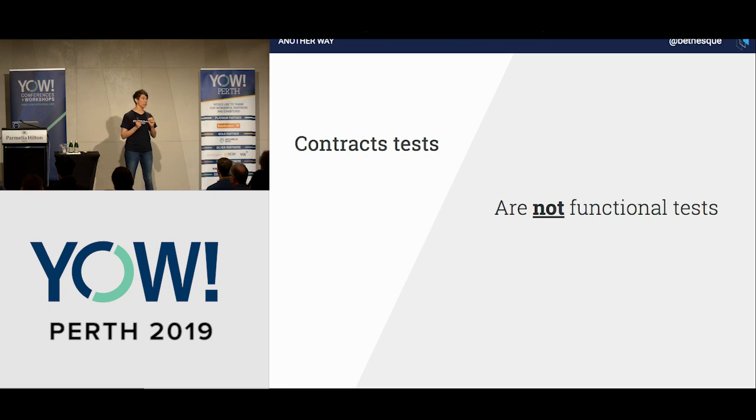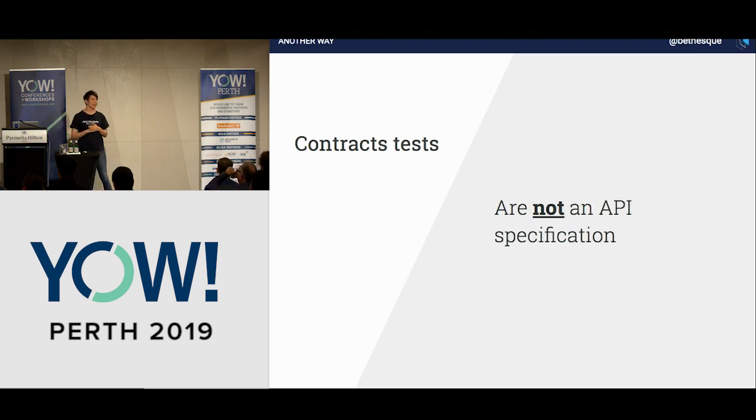The functional test says, hey, when this payload comes in, do I actually add this object to my data store? That's not actually the concern of the consumer. The consumer is concerned with what the requests and the responses look like. It's the job of the provider tests to make sure it does the right thing with what you're sending it.